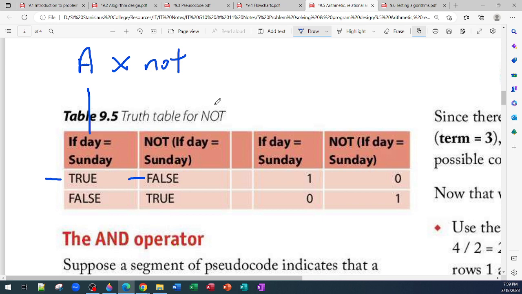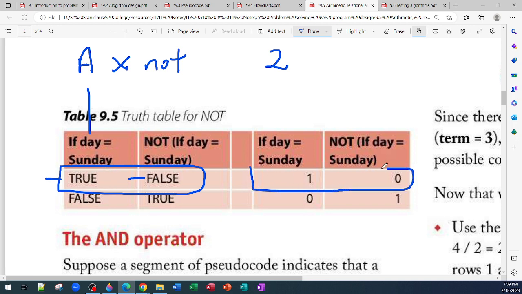Whenever you see not, not is the easiest one because not only has two values, either true or false, 1 or 0. So whenever you apply the not operator to a value, it changes it to the opposite. So like in this case here, what I just highlighted, if it is true on one side, if you apply the not operator, it's going to turn false on the other.